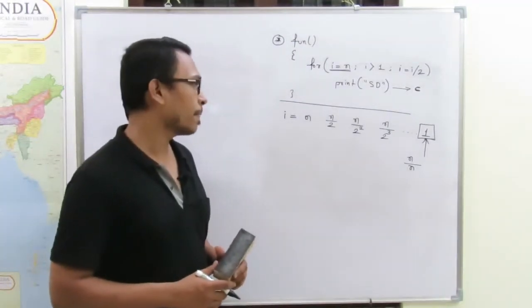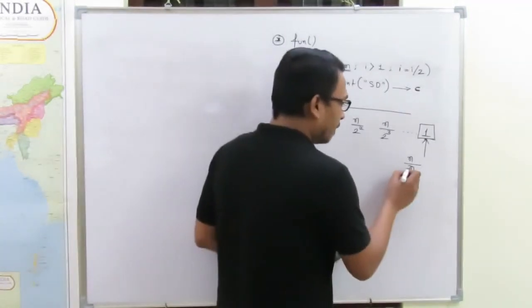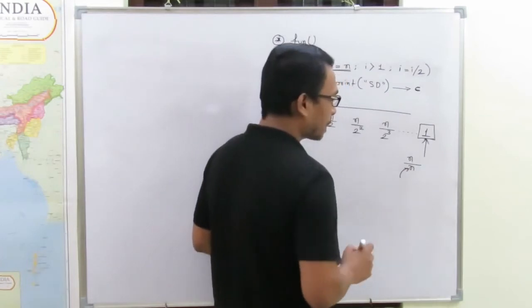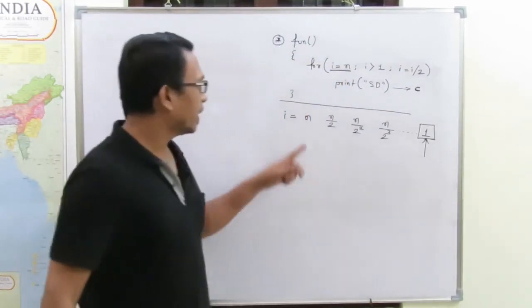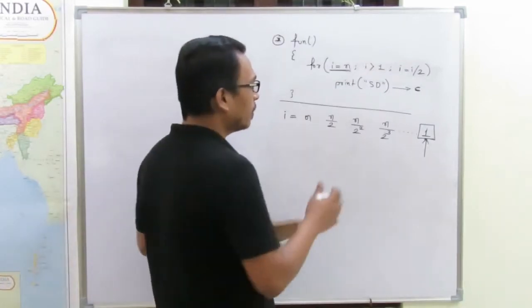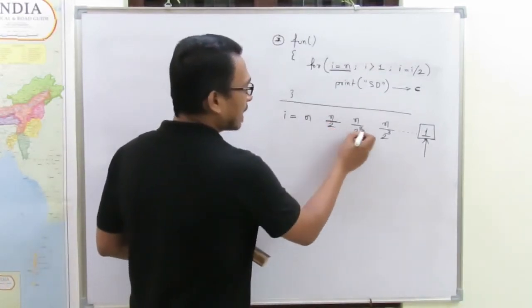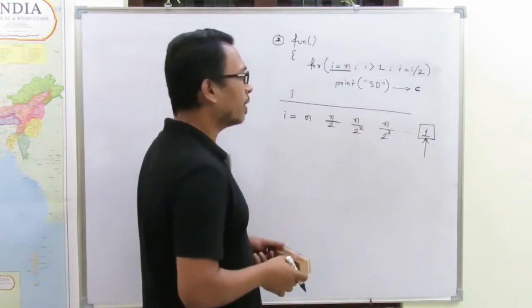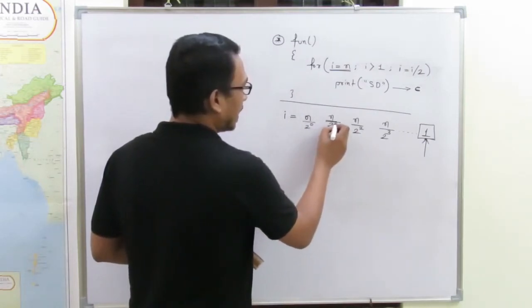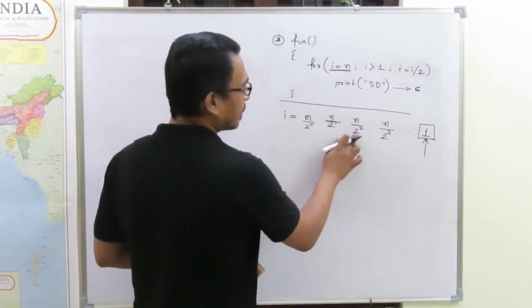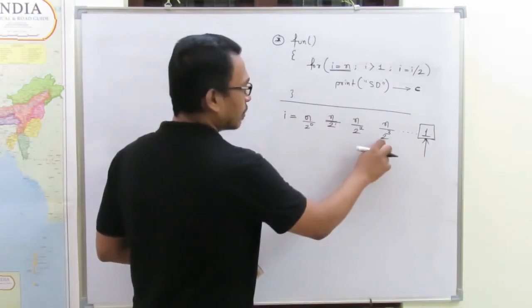That means this value n, now look at here, each time the value of the denominator is double. That means here we have 2 to the power 0, and next we have 2 to the power 1, and next we have 2 to the power 2, and next we have 2 to the power 3.